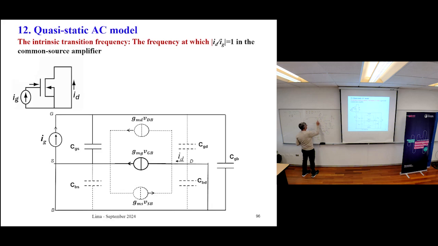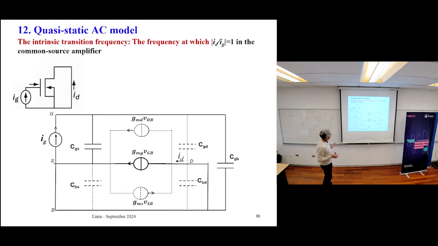Let's say, let's put here a source, IG, but the frequency should be such that the current that flows through this resistor is almost negligible as compared to this one. So let's assume that we have a perfect circuit limitation, okay? But this would be the way to measure the frequency response of the MOSFET.